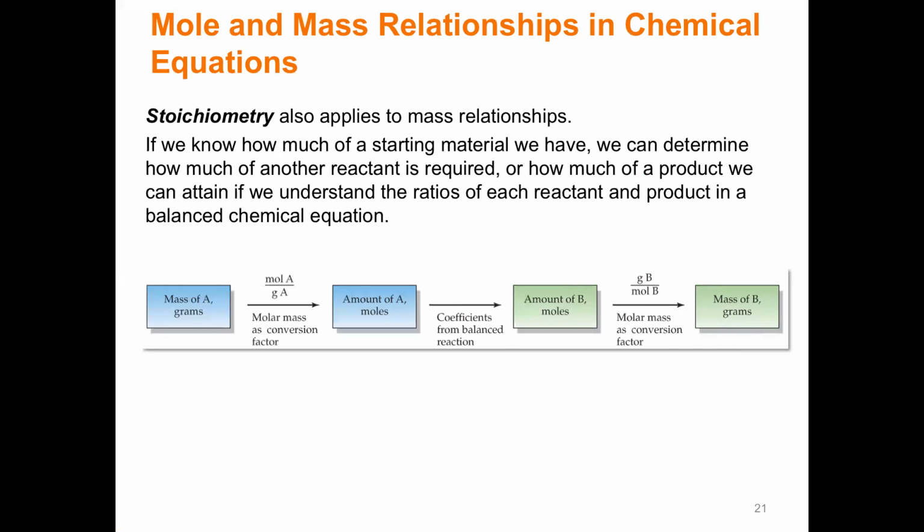So if you think of it this way, just say you wanted to make sure that at the end of your reaction you had a certain amount of a product. Then you would know exactly how much of your starting materials you would need in order to obtain that.